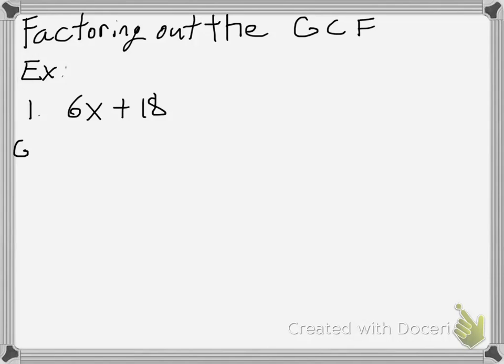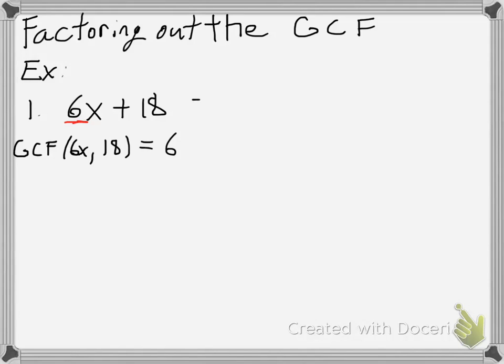And 6 is going to be the biggest one because it actually is the number 6 here. If one of the numbers is the smallest number and it divides the other, then that's definitely the greatest common factor. So the GCF of 6x and 18 is just the number 6.